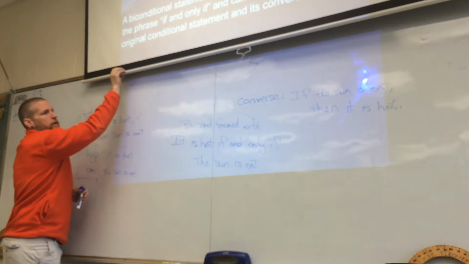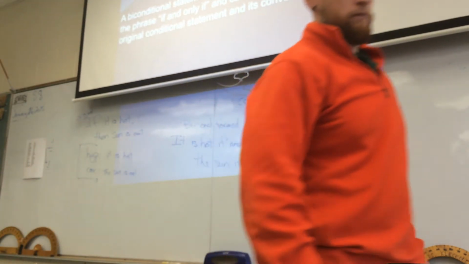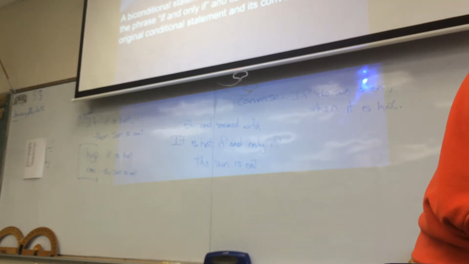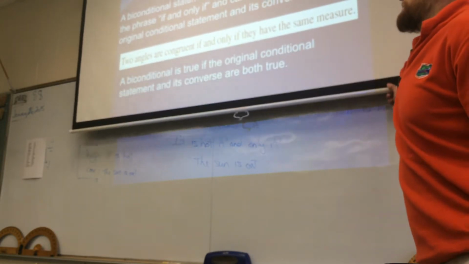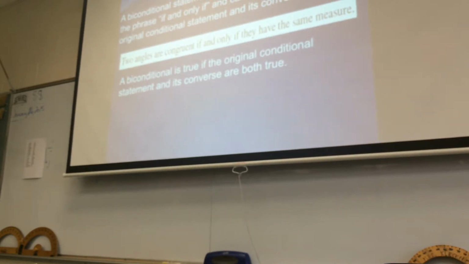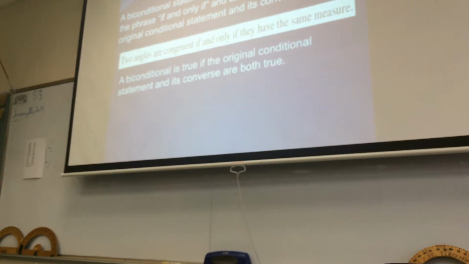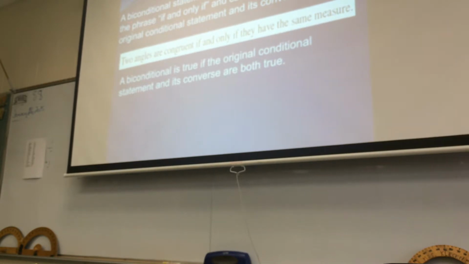Let's see what else I got up there. And then also what you should write out is that portion of it. Because if it says, hey, here's a biconditional, is it a true biconditional? The only way a biconditional is true is if you split it apart into two statements.